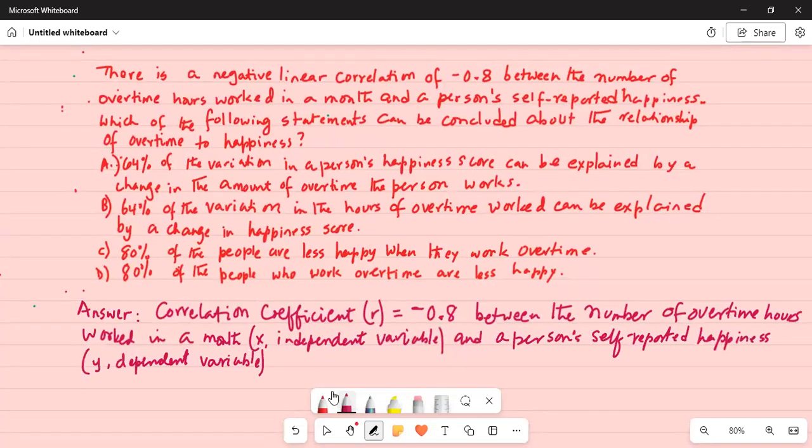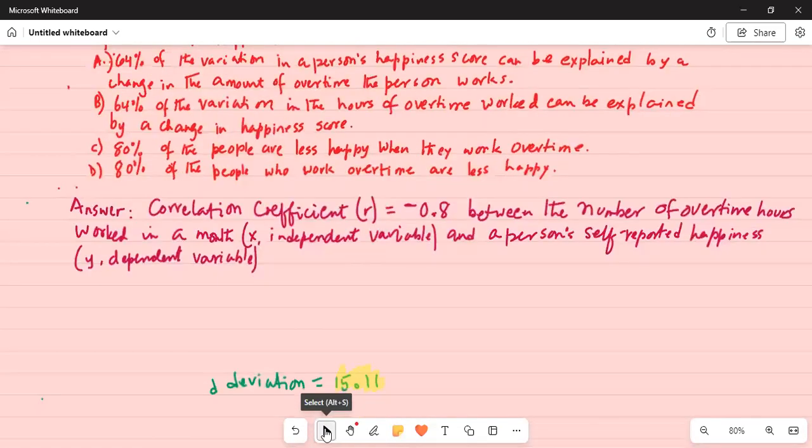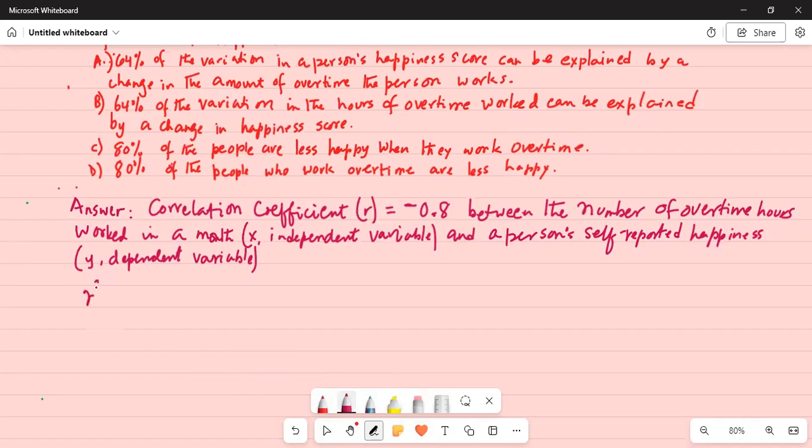Okay, that being the case, let's move this a little bit more. So erase this. Okay, so what we need to find out is R square, which is called coefficient of determination.